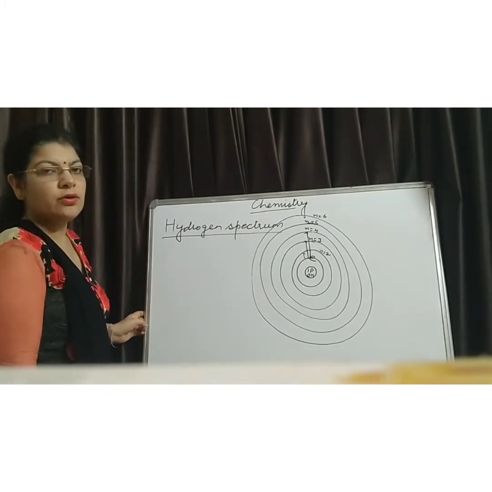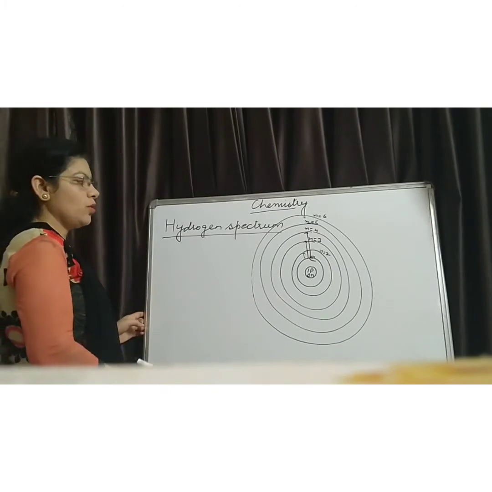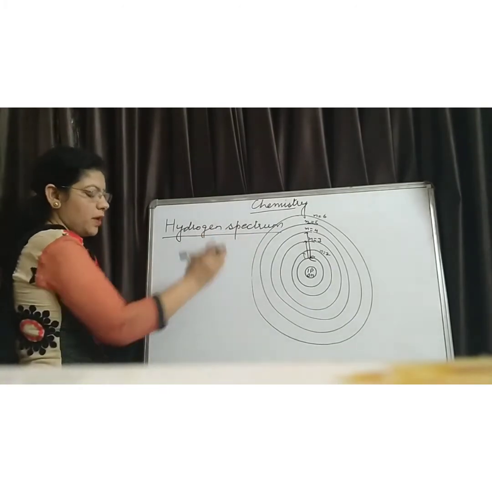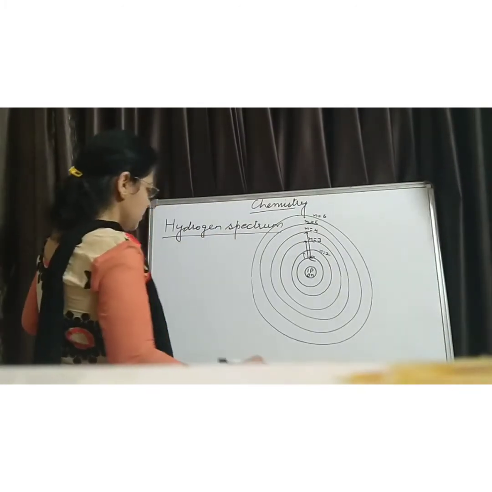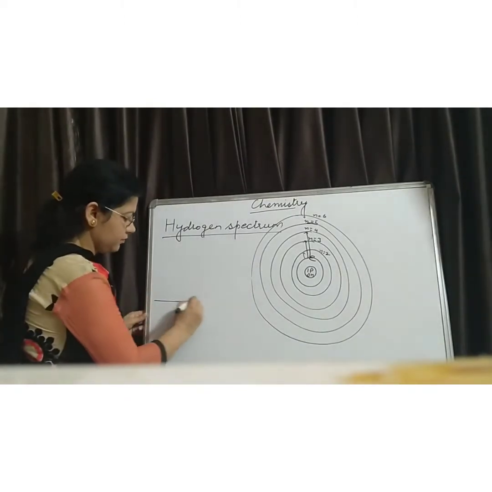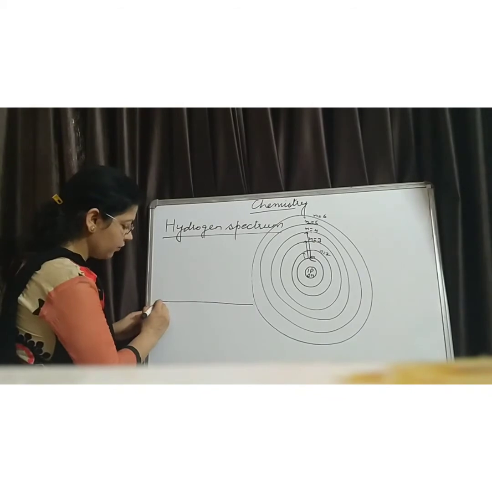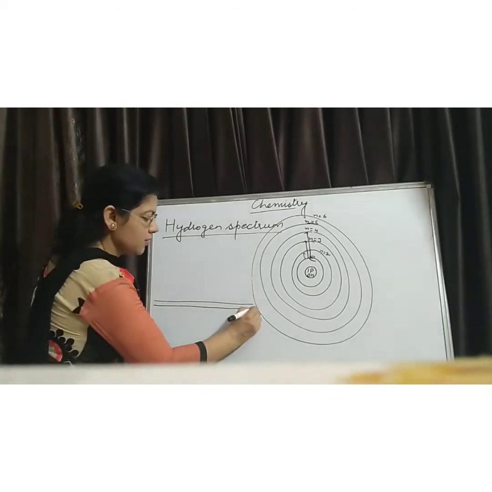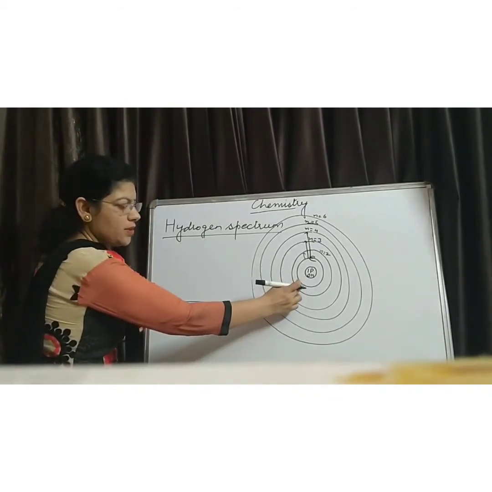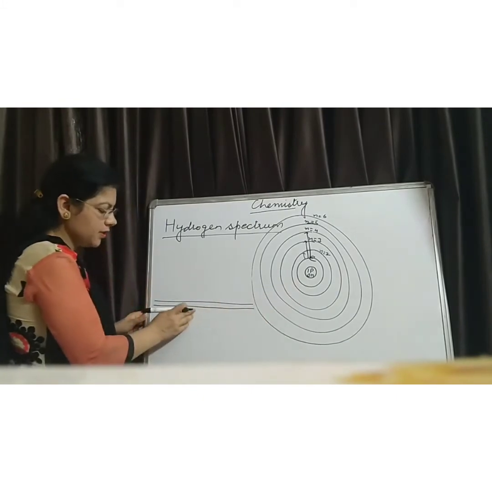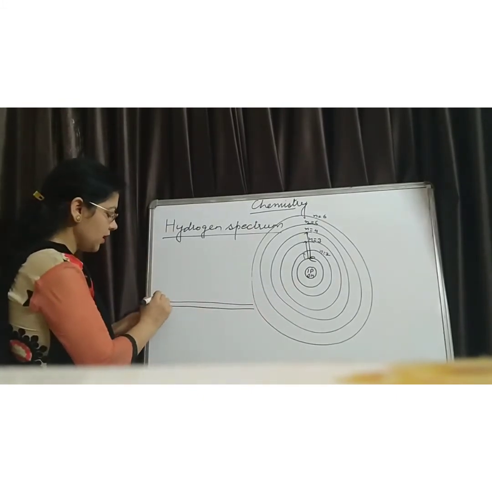That line or that spectrum is known as the hydrogen spectrum. See that these shells are represented in the form of these lines. These orbits or these shells are represented in the form of these horizontal lines.